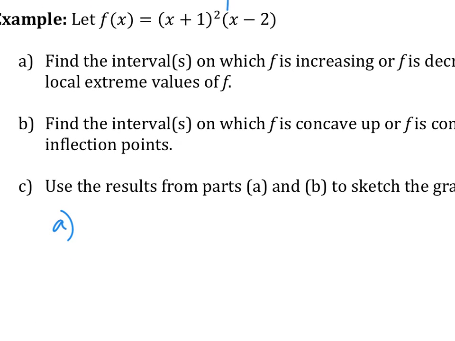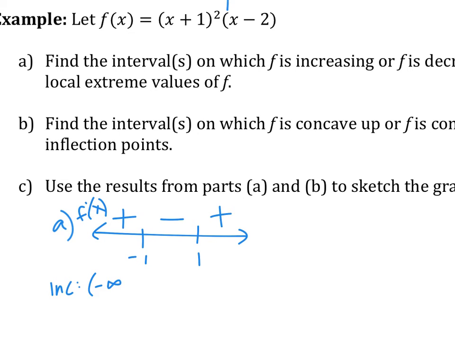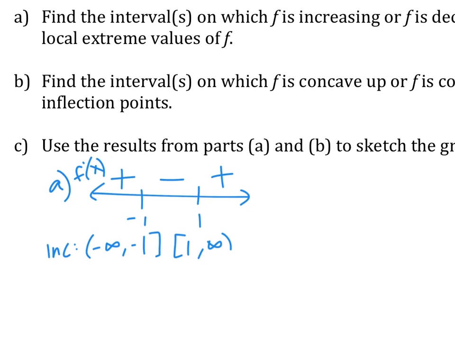All right, let's look at this together. Our critical points are -1 and 1. And our sign chart goes positive, negative, positive. Increasing from negative infinity to -1 and 1 to infinity, decreasing from -1 to 1.